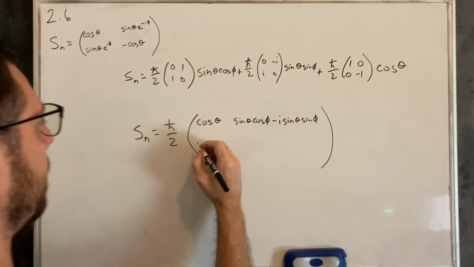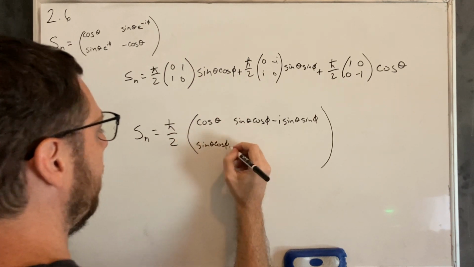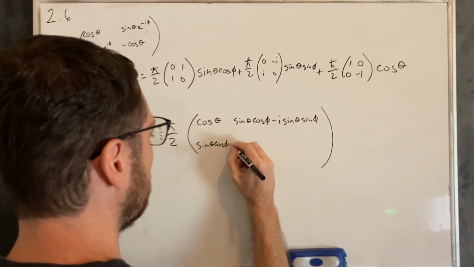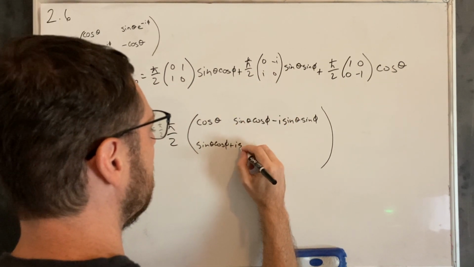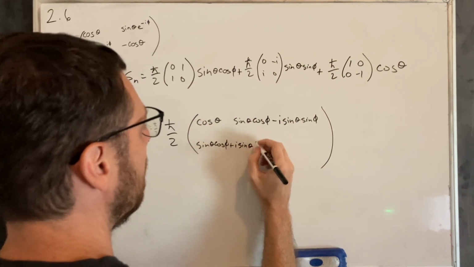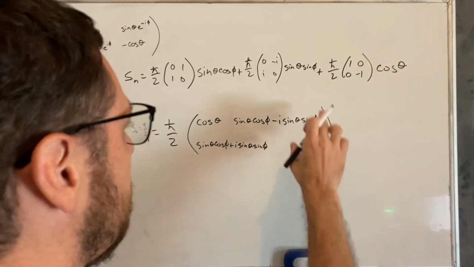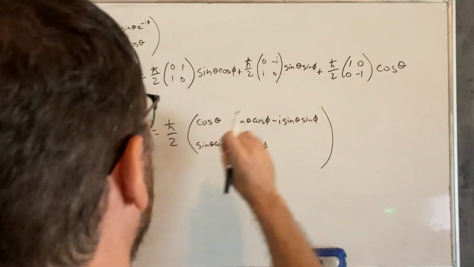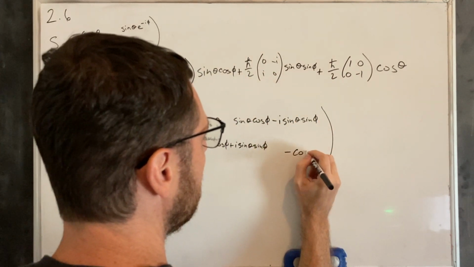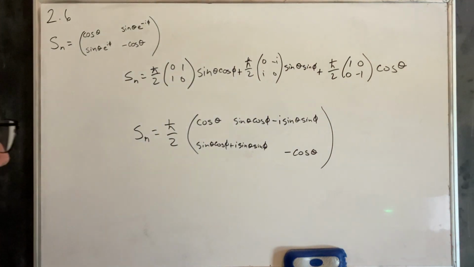Here, we're going to have a sine theta cosine phi, and then plus i sine theta sine phi, and 0. And then we have a 0, and a negative cosine theta.